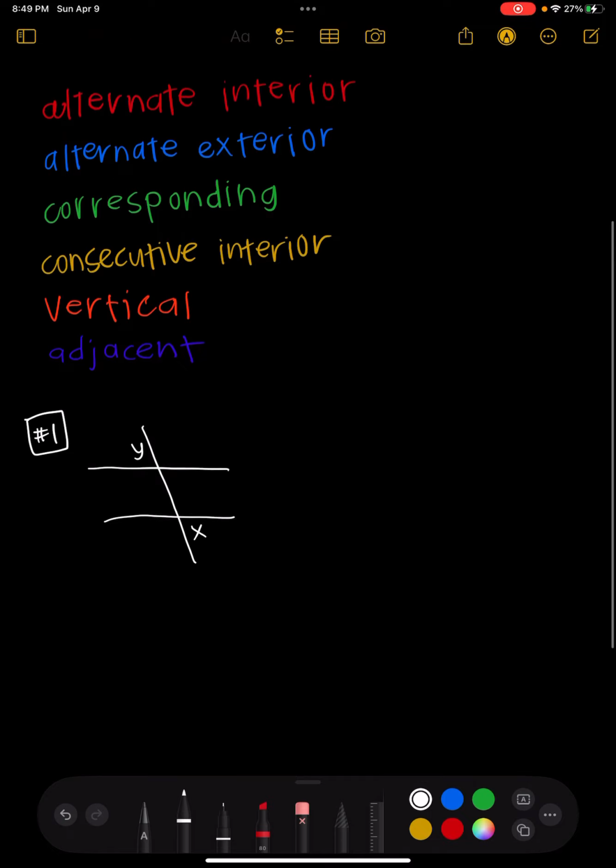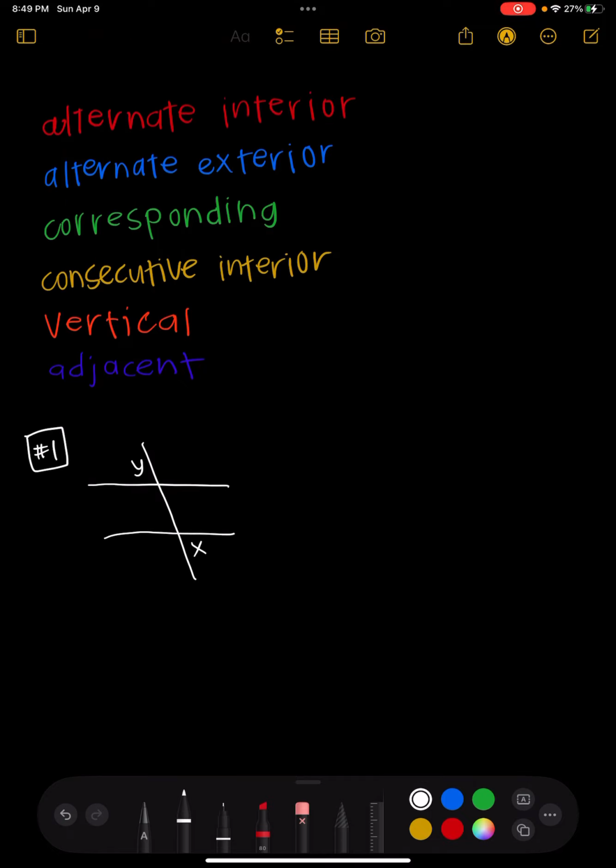Out of all of these 6 different options I have, what are they? They're on the outside and they're opposites of each other on either side of the transversal, which tells me it's got to be an exterior because they're on the outsides of the parallel lines. There's only one option for exterior, and it's alternate exterior, and that's our answer. So alternate exterior.